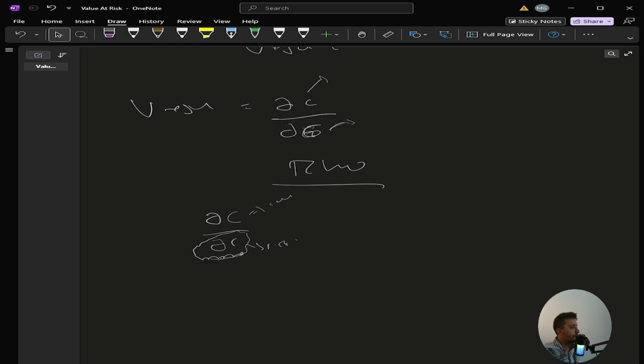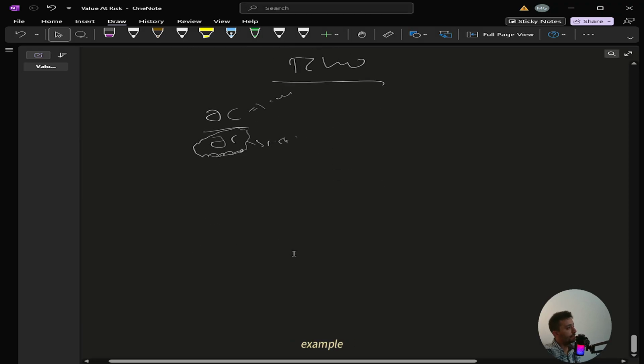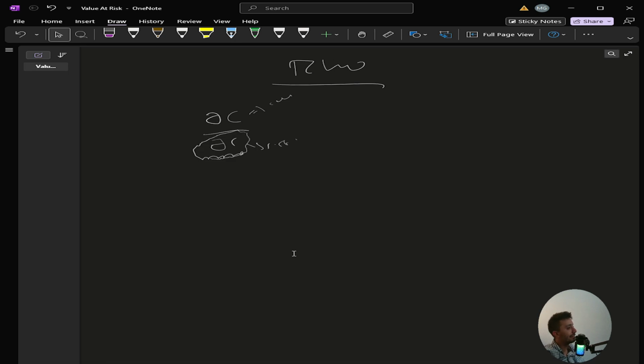And I'll give you one last example, with a continuous risk-free rate, about a call option, the cumulative normal distribution and the delta of the option price. Imagine that the time to maturity is 3 years.